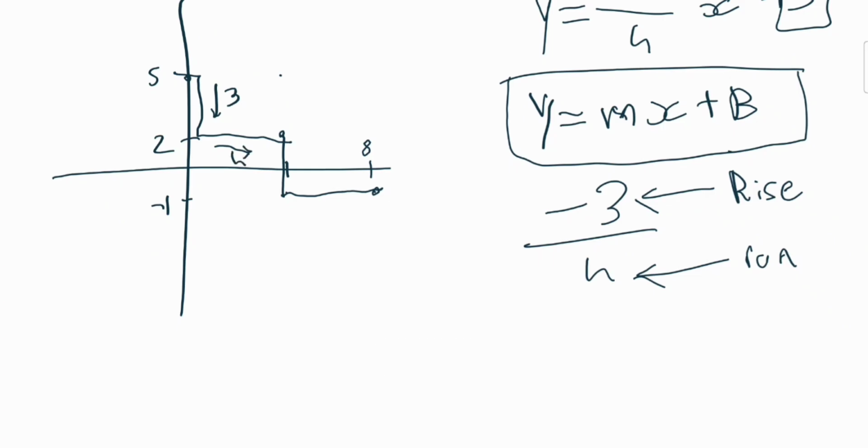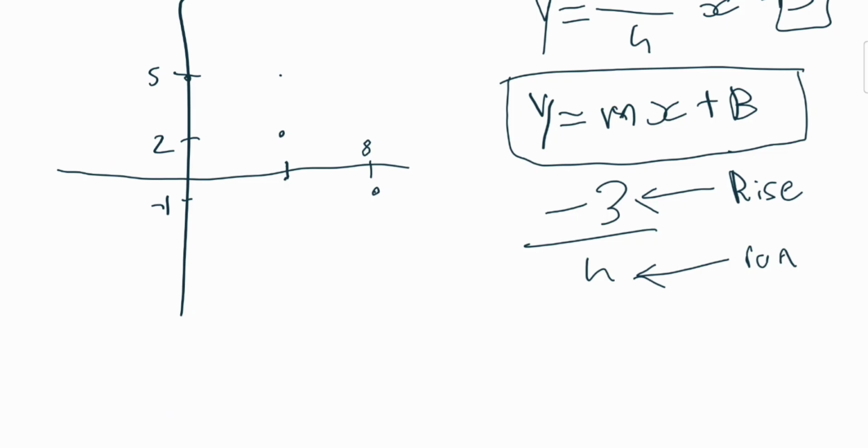Okay, great. So I'm going to get rid of the lines now. You can keep them if you want. Doesn't really matter. Okay, so here we have this dot, and this dot.